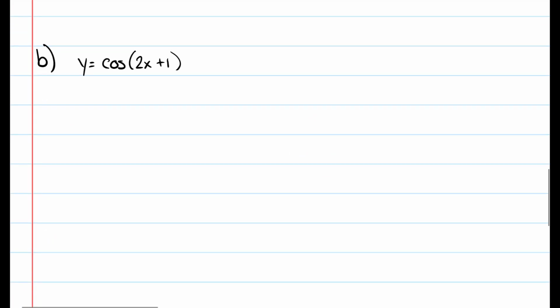In part B, this is something that you will need the chain rule for. So the first thing we need to do is identify our outside and our inside functions. Our outside function is cosine, so I'm going to call this y, and our inside function is 2x plus 1, so I'm going to call that u. So I get y is equal to cosine of u, and I get u is equal to 2x plus 1.